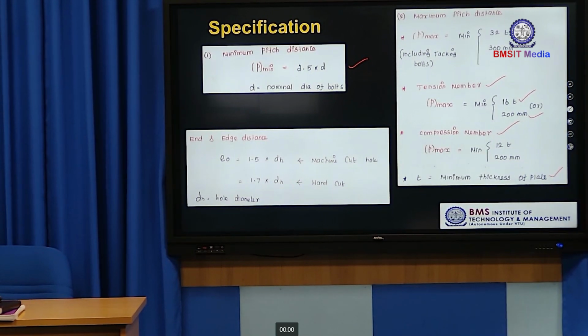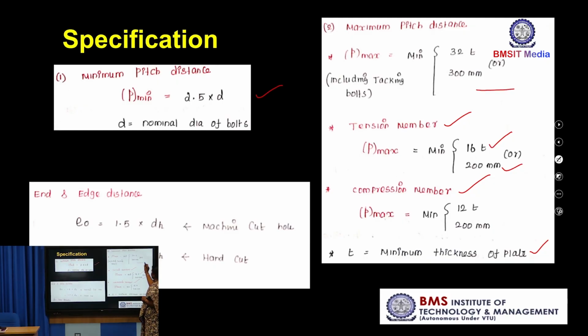For example, this is one plate and this is another plate. The thickness of this plate is 10 mm and this plate is 8 mm. To find the maximum pitch, we use T as 8 mm only, because T equals the minimum thickness of the plate. This condition is applicable only for the tension member.